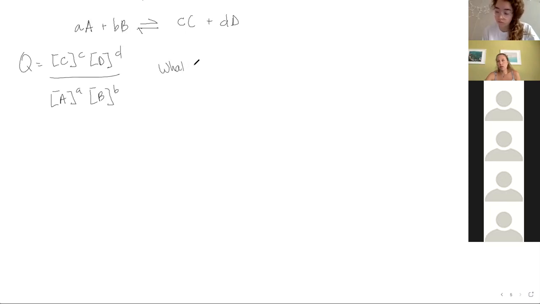What is the reaction quotient of this equation?